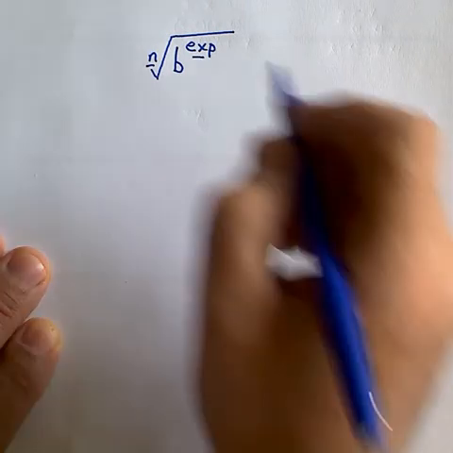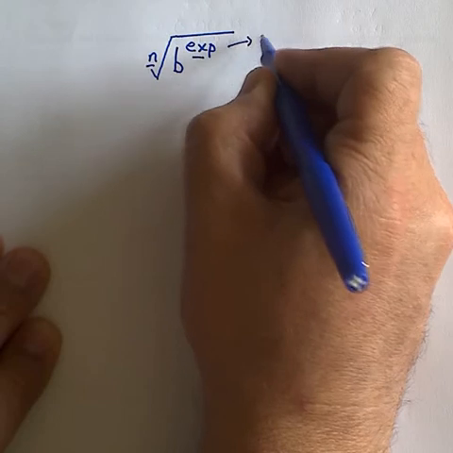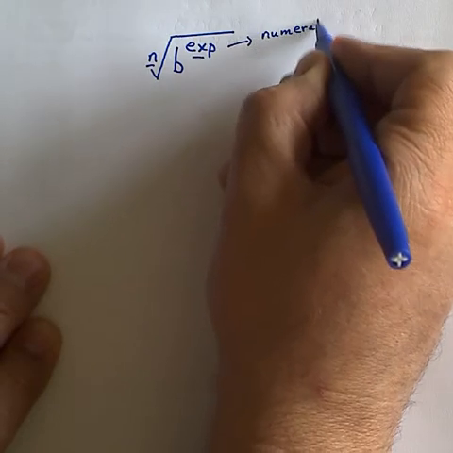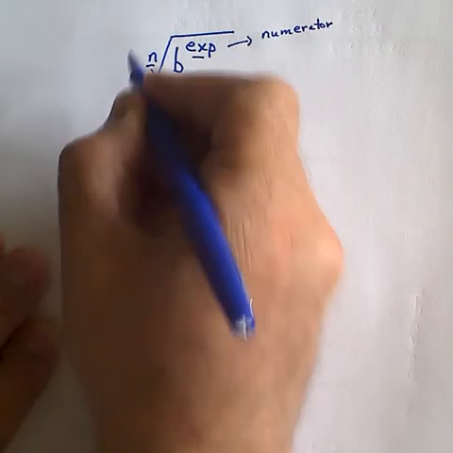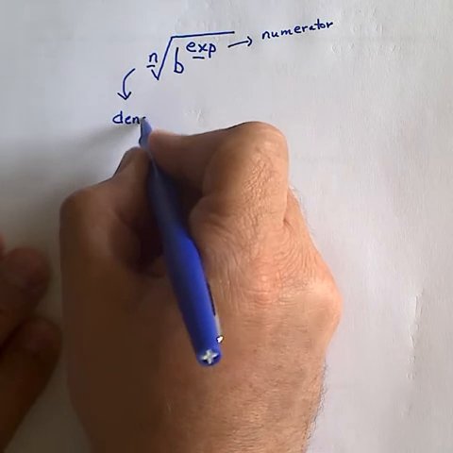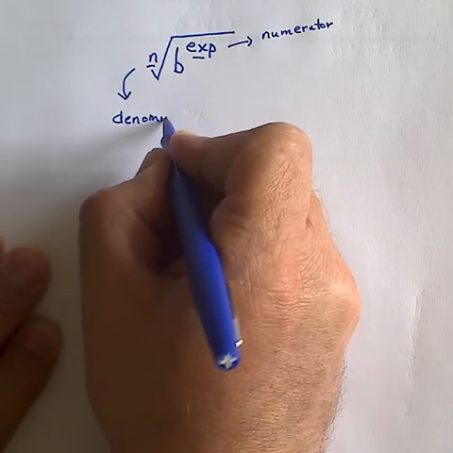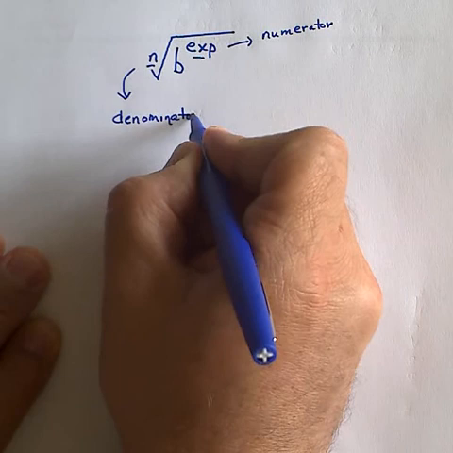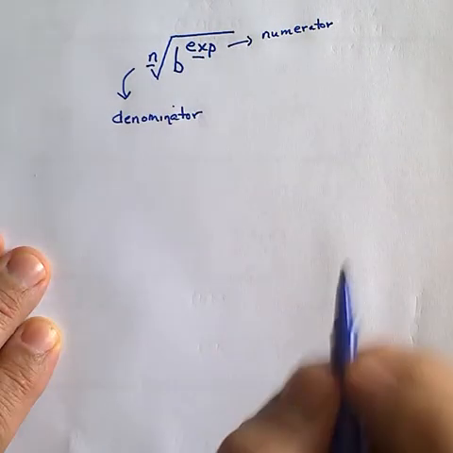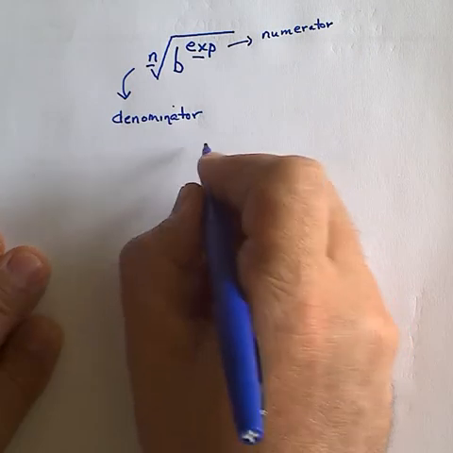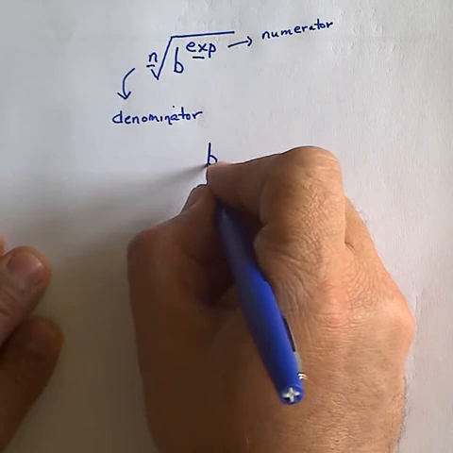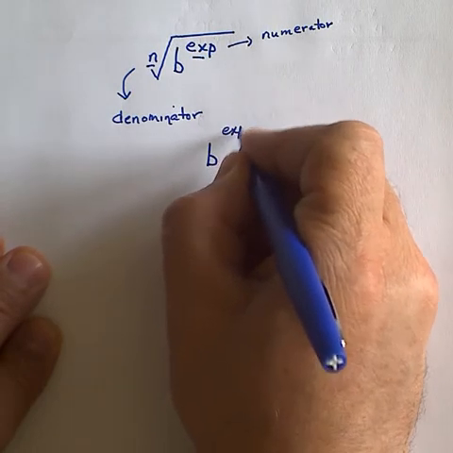The exponent becomes your numerator. The index becomes your denominator. So this expression here, given in rational exponent form, if I abbreviate here, becomes b to the exponent over n power.